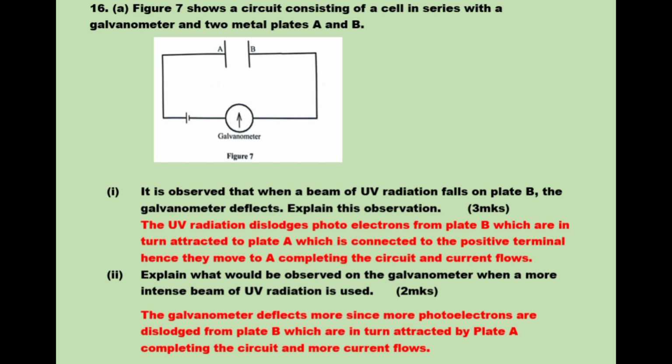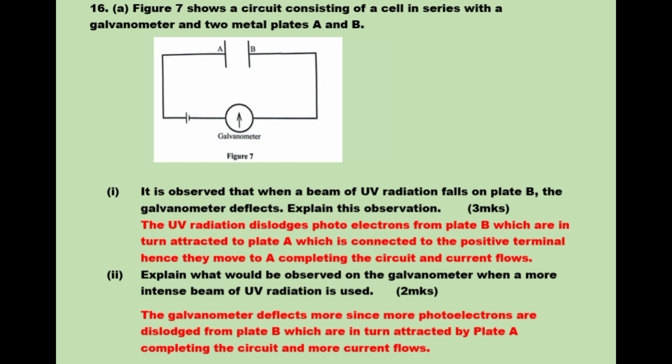When photoelectrons are dislodged from B through the photoelectric effect, they are attracted to A, the anode, and as they flow between B and A they complete the circuit, and that is why the galvanometer deflects.